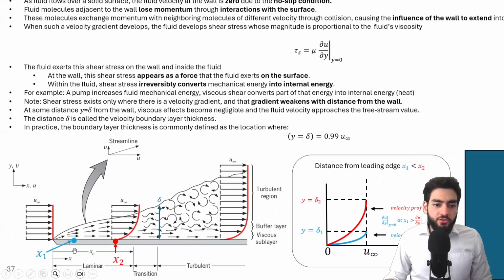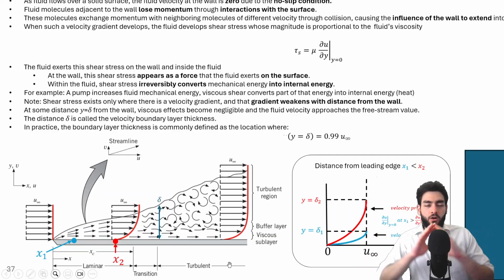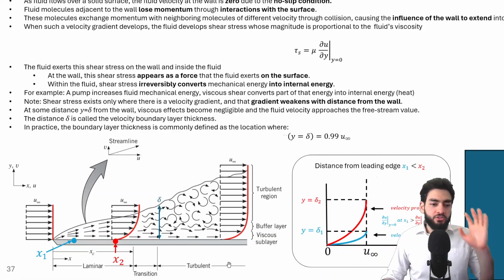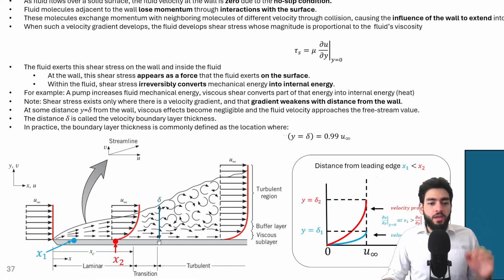So over here, you see that you have a laminar region, a transitional region, and a turbulent region. Let's not confuse ourselves with all of these regions right now. Let's just look at one region, and I'm going to talk about the different regions and why it is important to be aware of them.